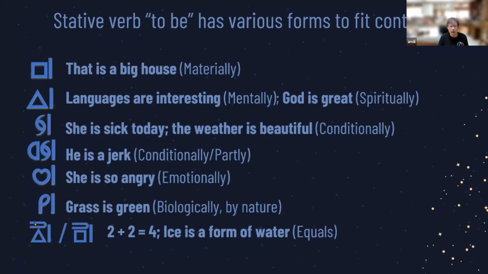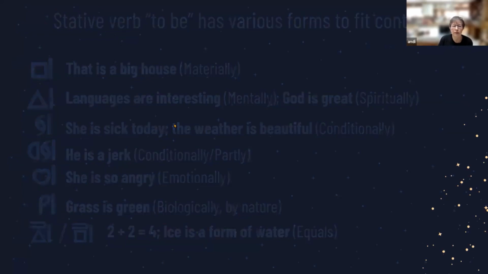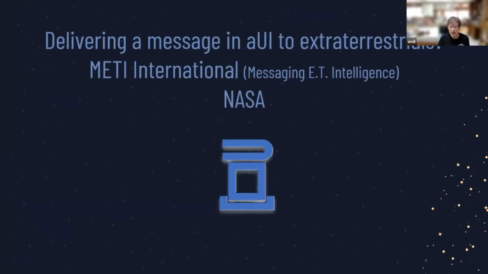It's written in one line so that it can be written in one line. And so equal mentally is, or equal materially is: 2 + 2 is four, or ice is a form of water. So there you have those different variations.